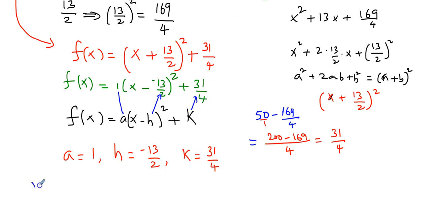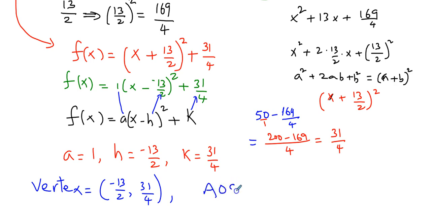That gives me the vertex, which is h comma k, that is negative 13 over 2 comma 31 over 4, and axis of symmetry AOS is the value of h, so x is equal to negative 13 over 2.